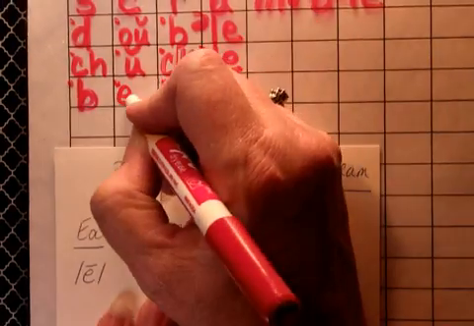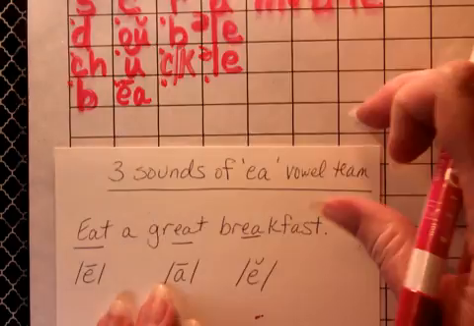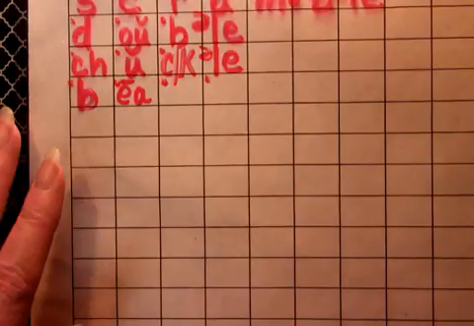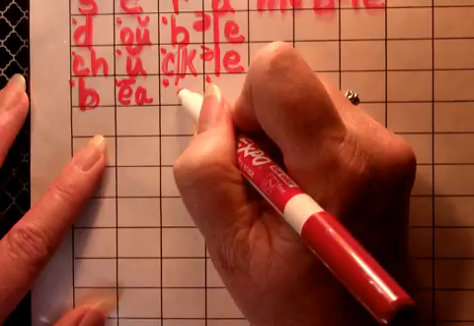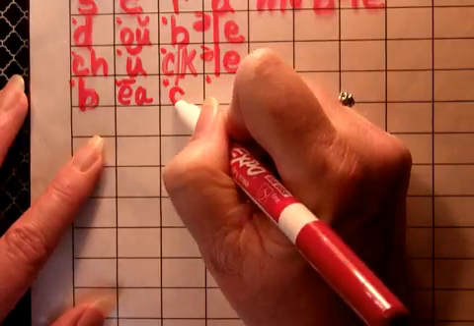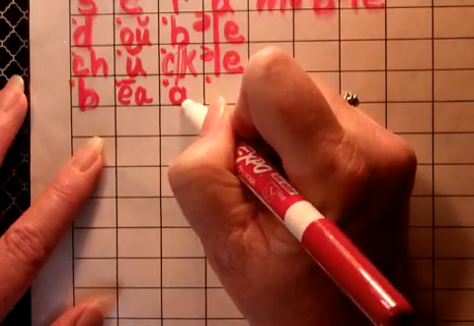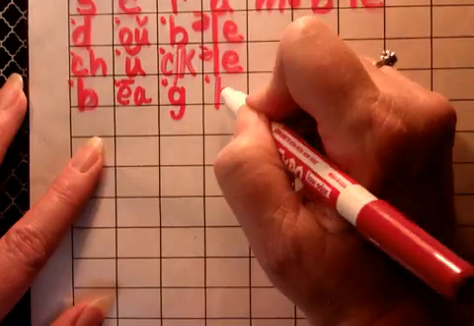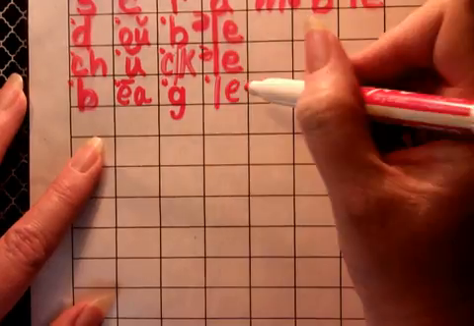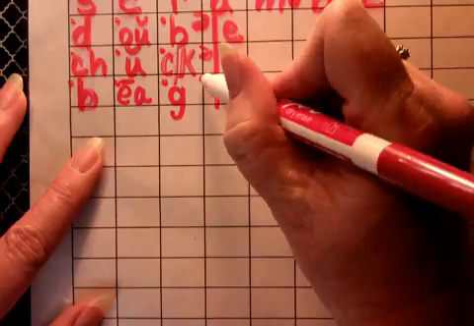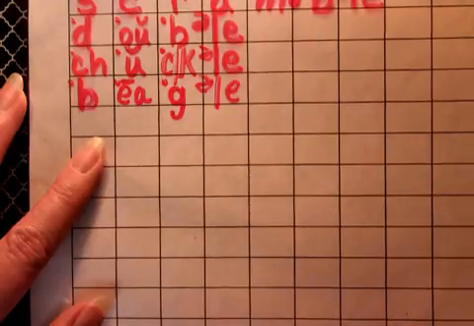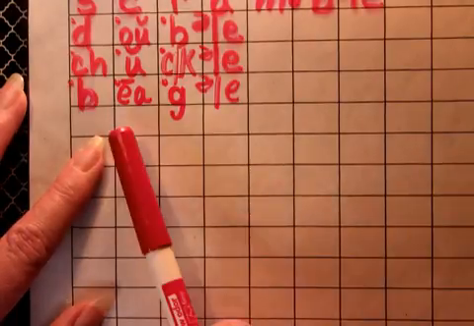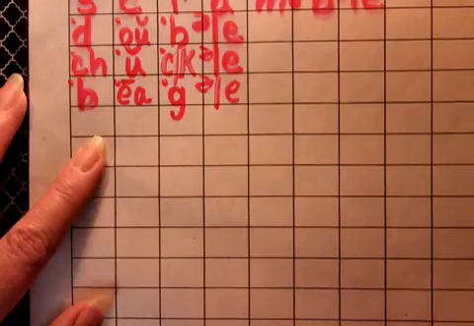Beagle, E-A, and it says the long E sound. The next sound is G. Make the bubble sit on the writing line and the hook goes under the writing line. We have a descending letter, so O is spelled with the consonant LE. And the E spins around and says E and that's a two-syllable word.